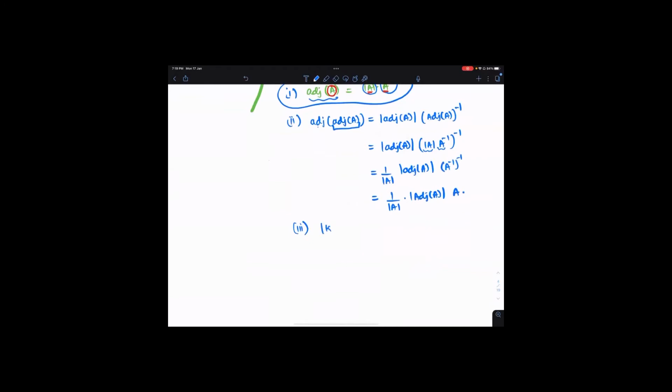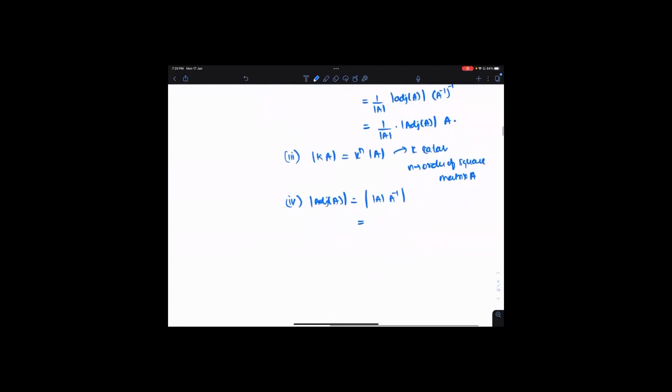Now we'll see what is det of adjoint of A. Important rule: det of K times any matrix is K power n times det, where K is a scalar and n is the order of the square matrix. So det of adjoint of A is det of det A into A inverse.